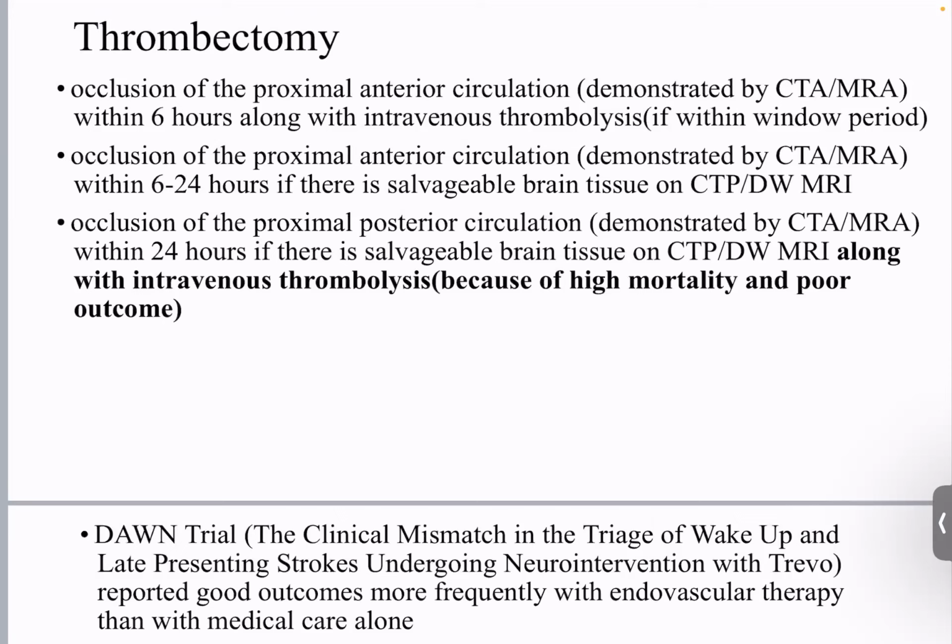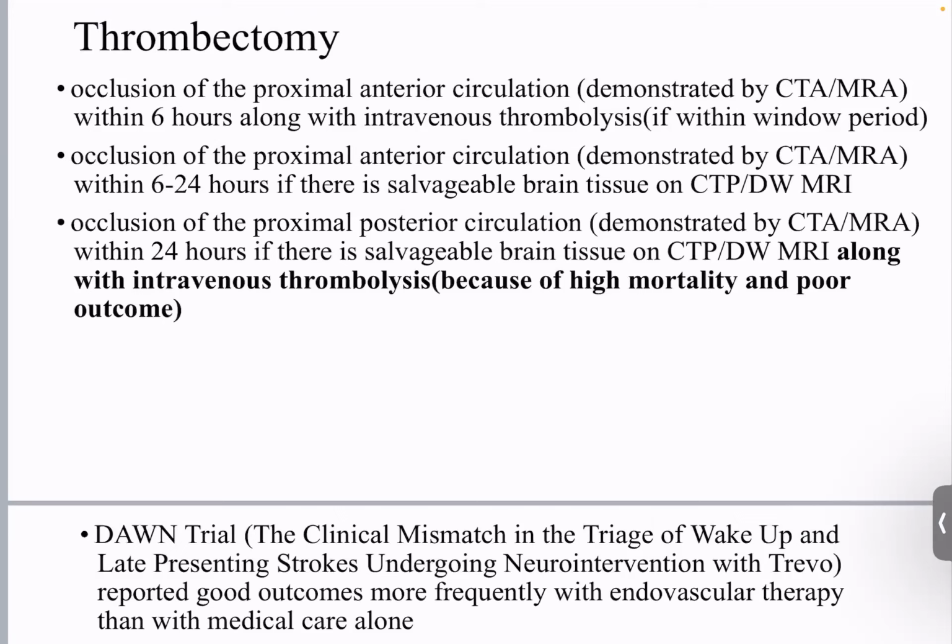Similarly, we have the CT perfusion imaging. In wake-up stroke, the patient wakes up with a stroke, and we don't know the actual timing of onset. In those cases, you can consider IV thrombolysis even for a longer time, even up to 24 hours, based on the imaging finding, diffusion perfusion mismatch.